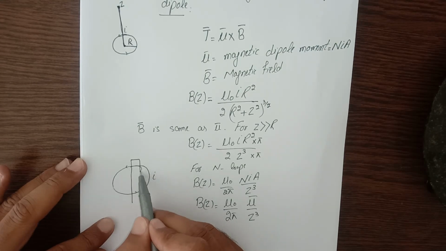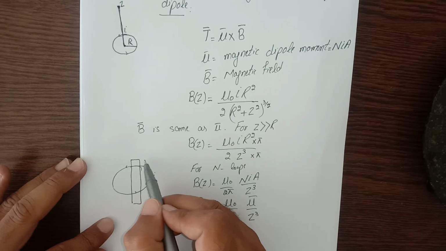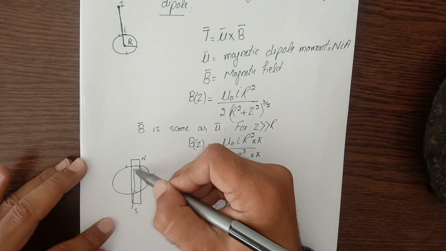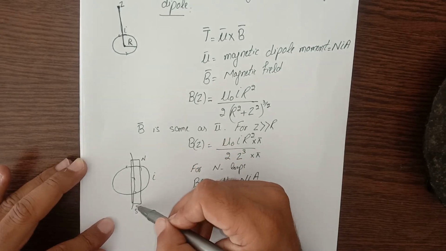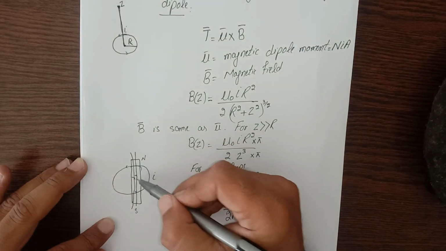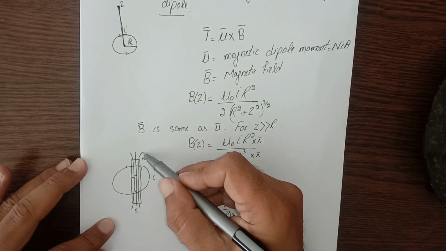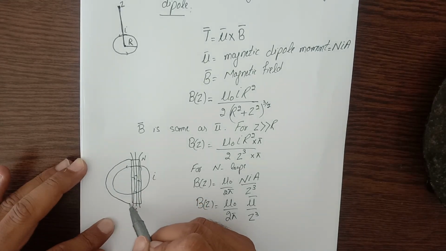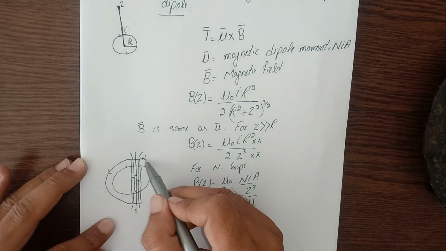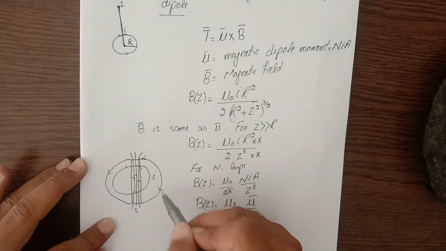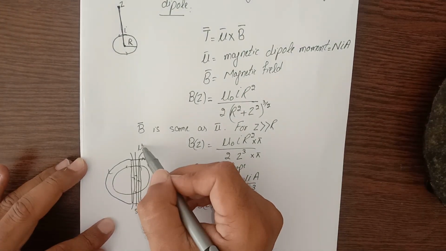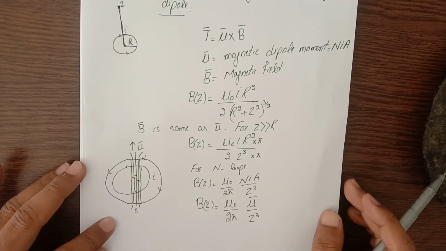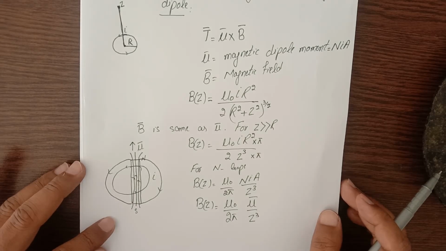Let's say this is a magnetic dipole with north and south pole associated with it, such that the magnetic field lines would be like this, and like this one, and the direction of mu would be in this direction. So does the direction of this magnetic field.